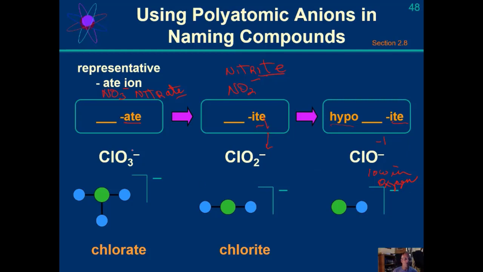So I've gone from chlorate to chlorite to hypochlorite. If I were to have something like this, I would call this hyponitrite. Okay? So you've got ate, ite, and hypo-ite. That's how you think about this.